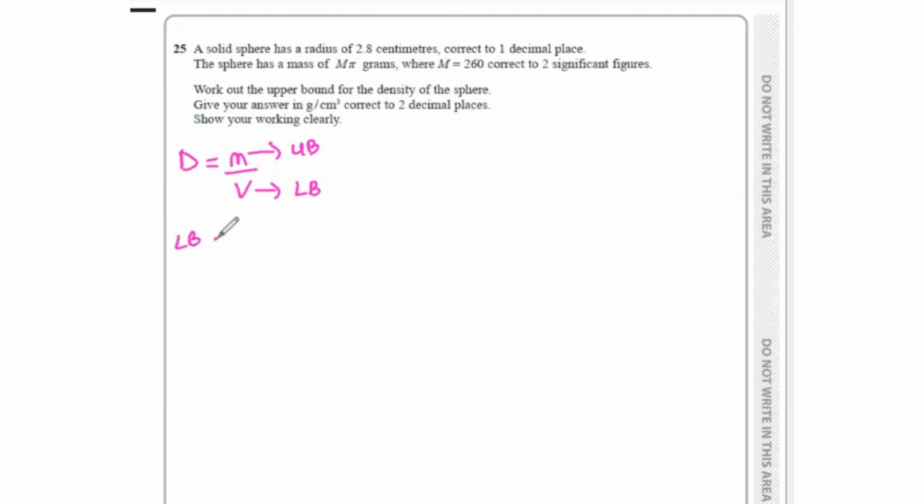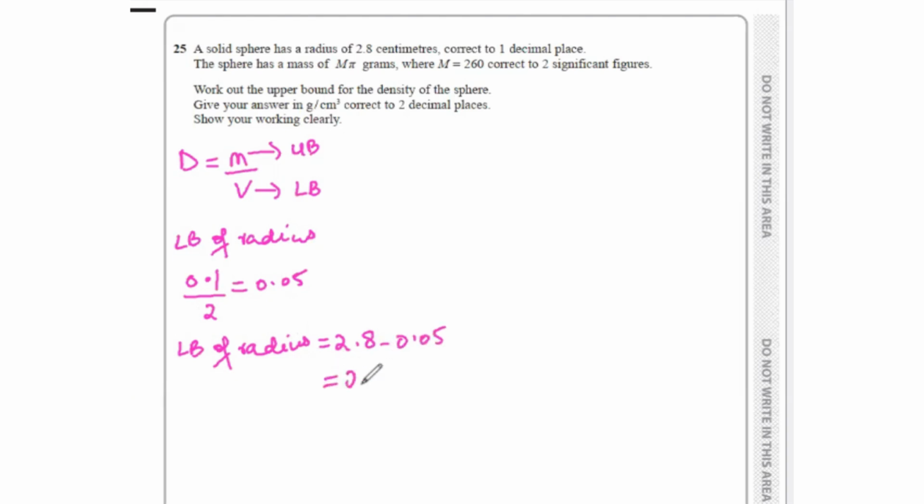So for the lower bound of radius, first we divide the degree of accuracy, which is 0.1, by 2, which gives us 0.05. So the lower bound of radius would be 2.8 minus 0.05, which is 2.75 centimeters.